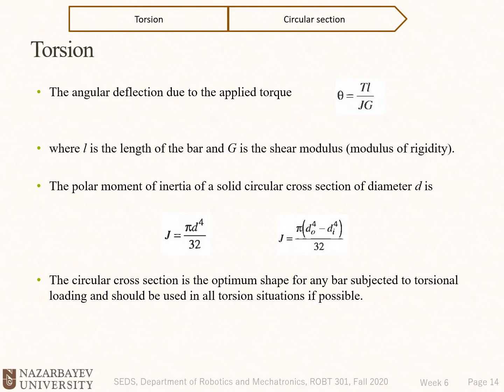Because circular cross sections will experience the least amount of twist. So theta will be the minimum possible value if we use circular cross sections.